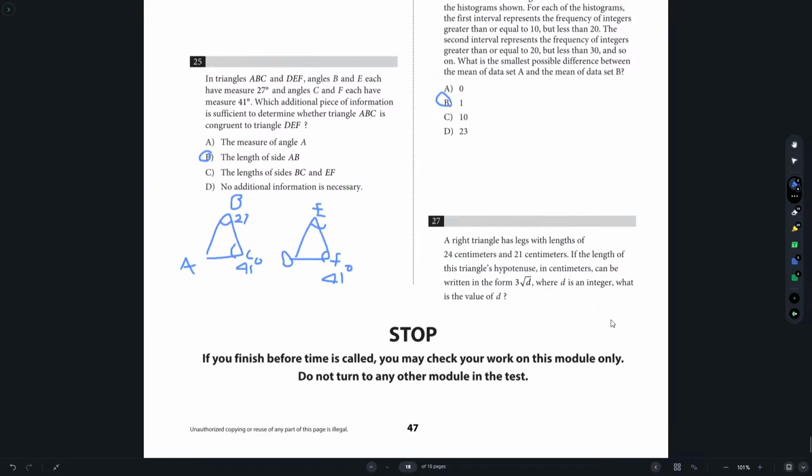A right triangle has legs with lengths of 24 and 21. Let's see, 24, 21, 3 square root of d. What is the value of d?